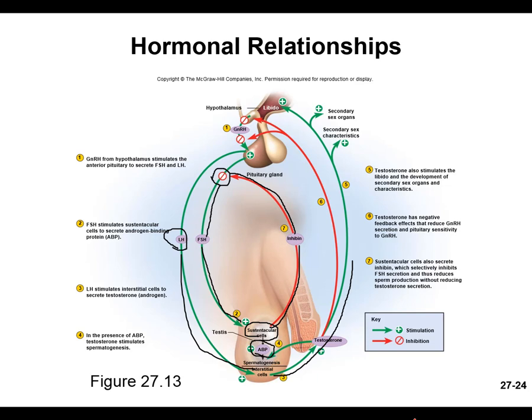Once we start seeing follicle-stimulating hormone and luteinizing hormone being produced, we start to see sperm production and testosterone production. Generally, around the age of 13 there's enlargement of the secondary sexual organs.